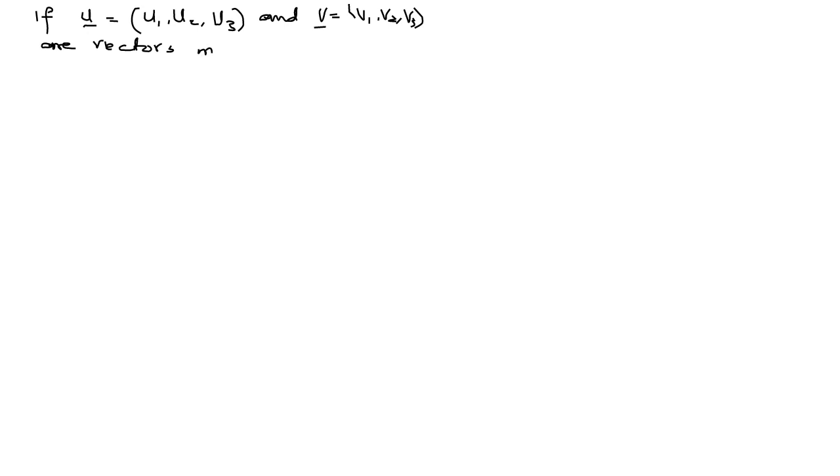This is a theorem: if u vector is equal to u1, u2, and u3, and v vector is equal to v1, v2, and v3, are vectors in three spaces, and k is any number.